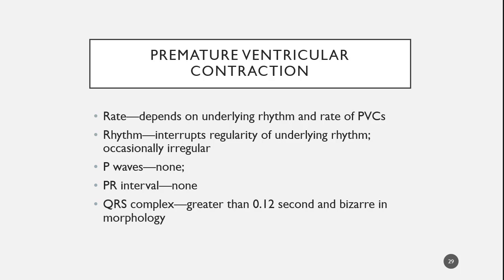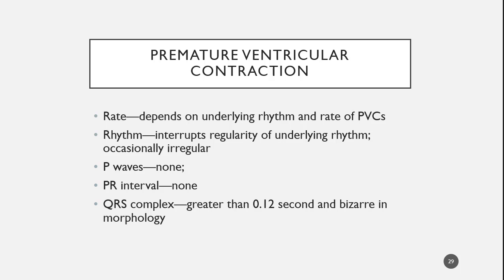So again, anytime you have a premature beat, whether it's PAC, PJC, or PVC, you count the premature beat as part of the rhythm, okay, part of the rhythm. Within PVCs, it's going to be an irregular rhythm.